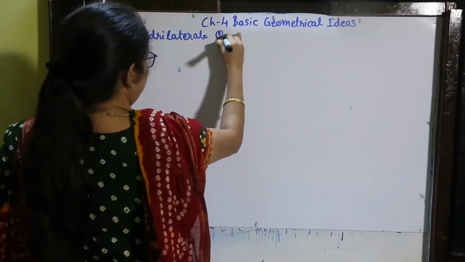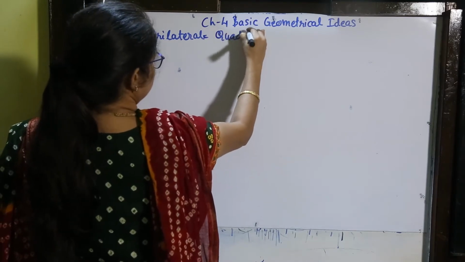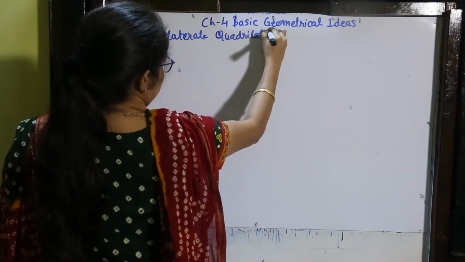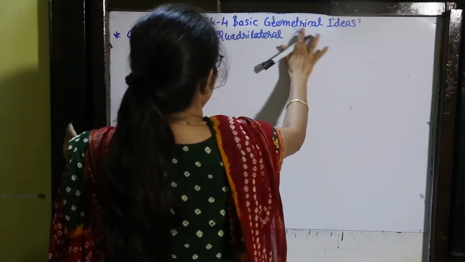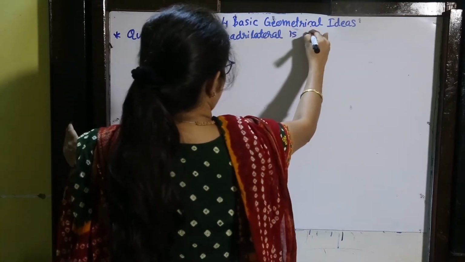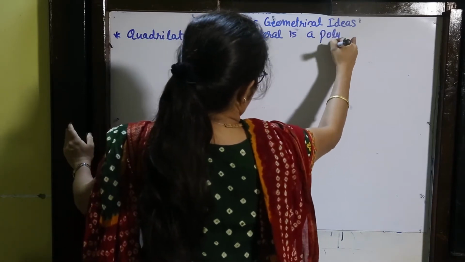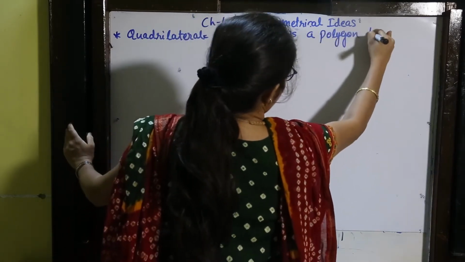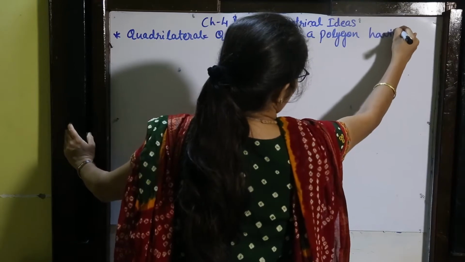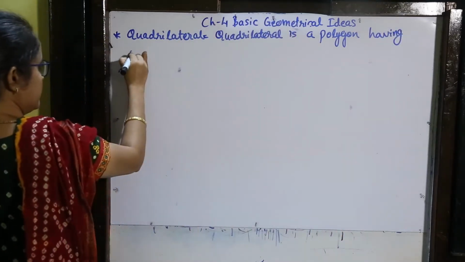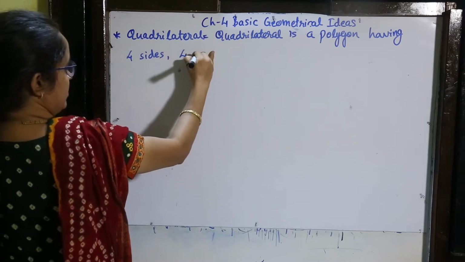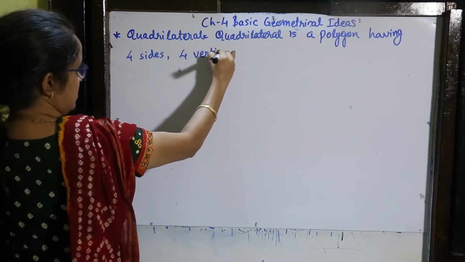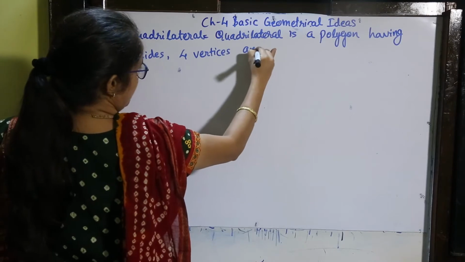Okay, so you can write like this: quadrilateral is a polygon having 4 sides, 4 vertices and 4 angles.